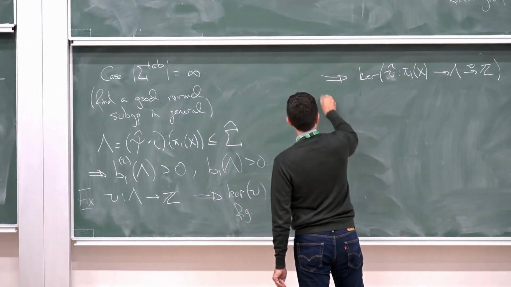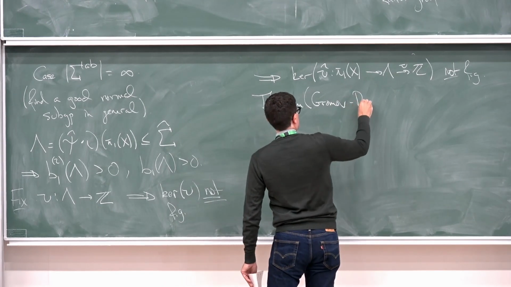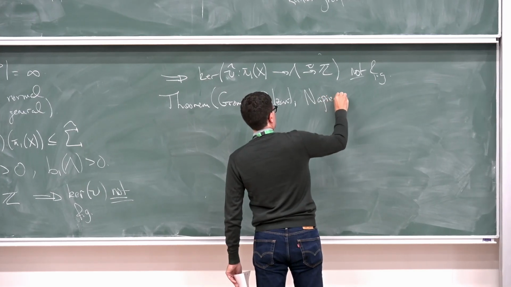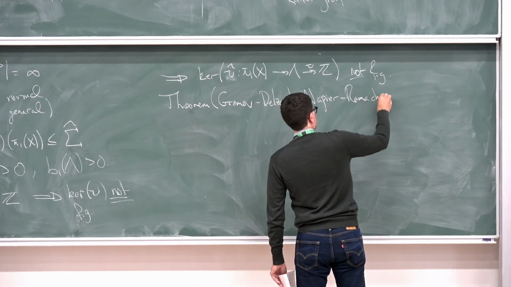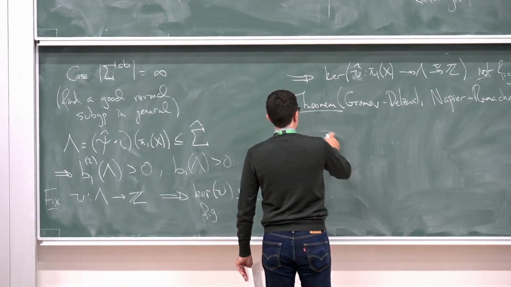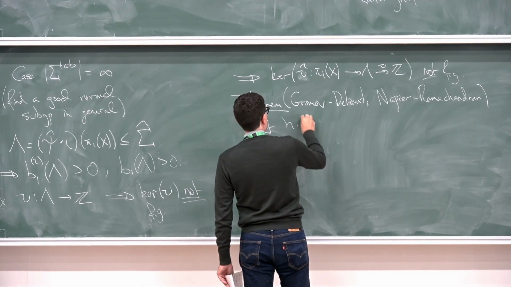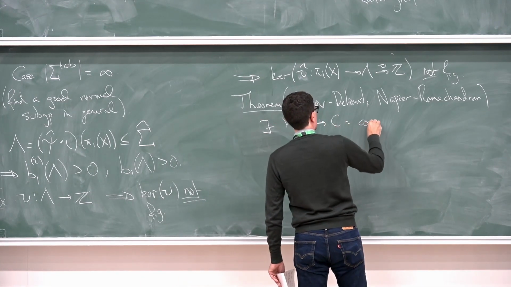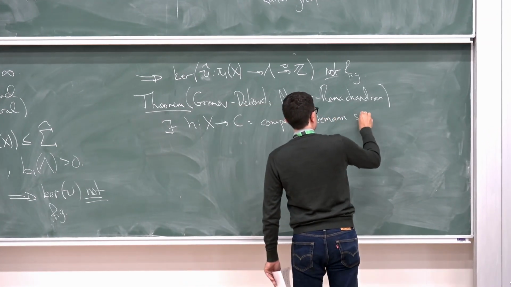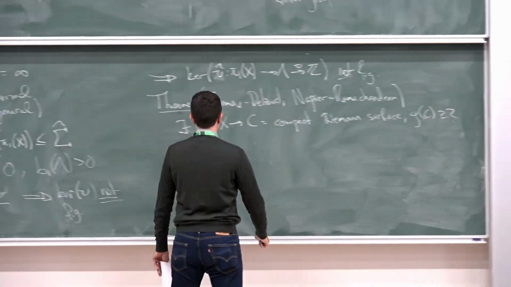And then it's a theorem, in the way we're using it, Napier-Ramachandran: there exists a holomorphic map from X, C is the compact, not surface, genus at least 2, inducing.